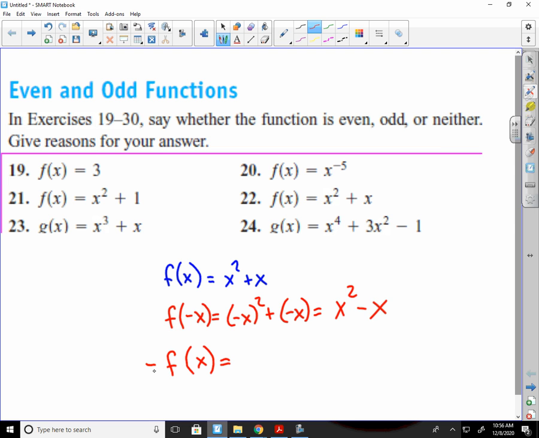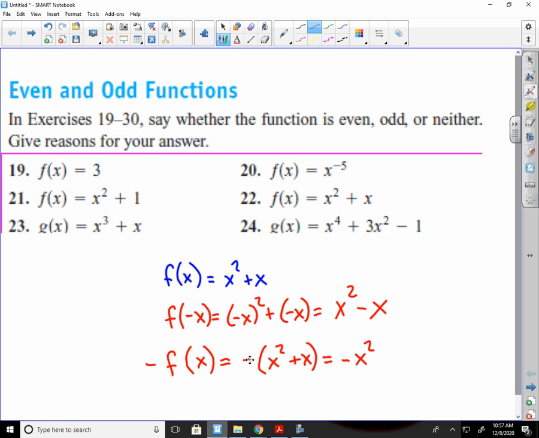Now we do a negative in front of it all, right? So I go back to my original, and now I'm just putting a negative in front of it all. So now I do x squared, and then times a negative 1. That gives me negative x squared.